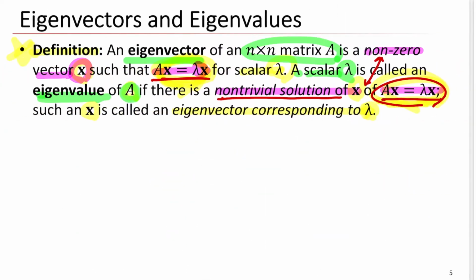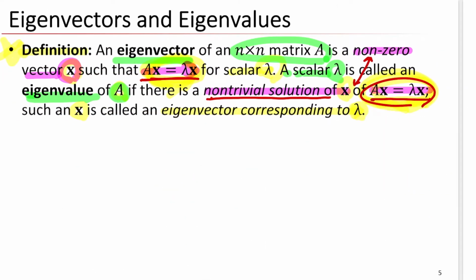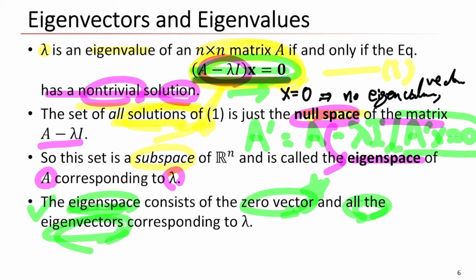When we reformulate this equation, something like this, then we can say that lambda is an eigenvalue of the matrix A when this equation has a non-trivial solution. In this case, the set of all solutions of this equation is just the null space of the matrix A minus lambda I, right?